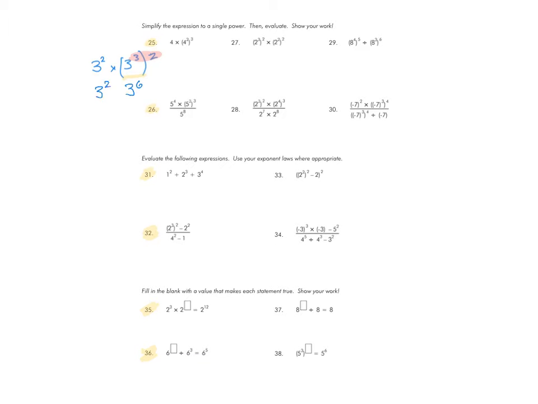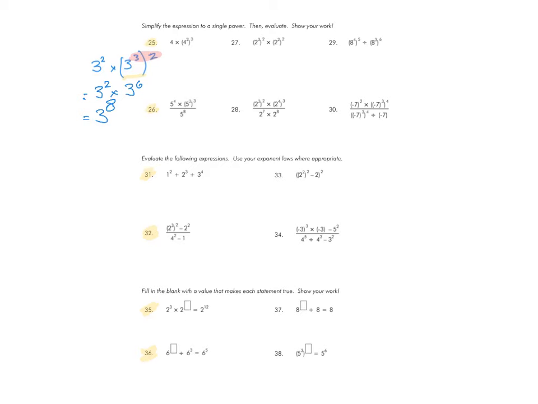And we have 3 squared over here. Now, when we multiply exponents with the same base, we add the exponents and maintain that same base. So it's still a base of 3, and then we add the exponents. 2 plus 6 is 8.